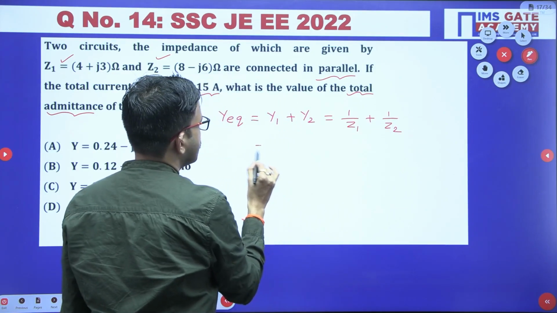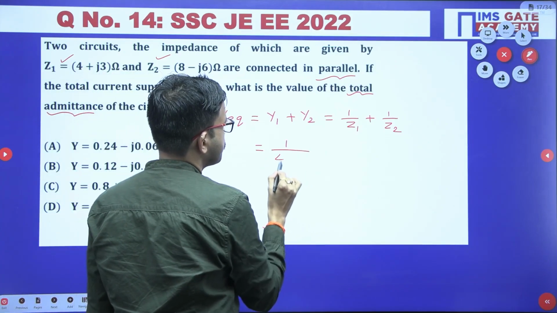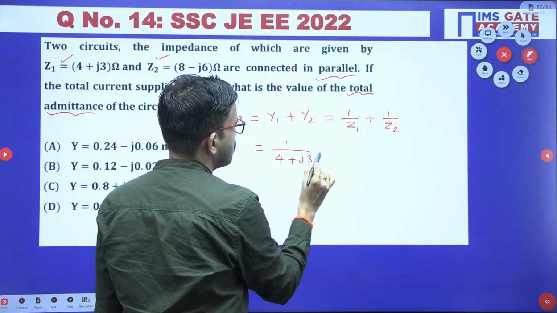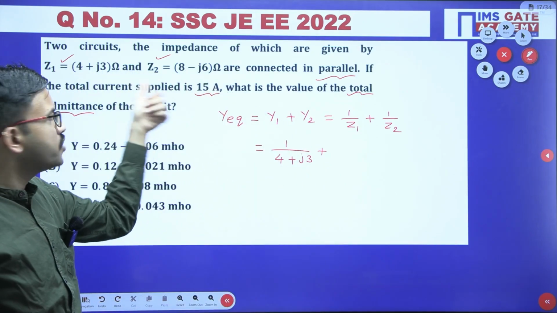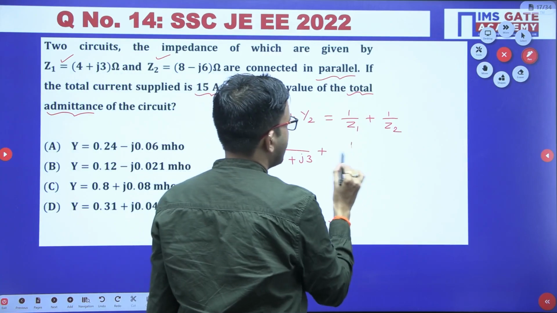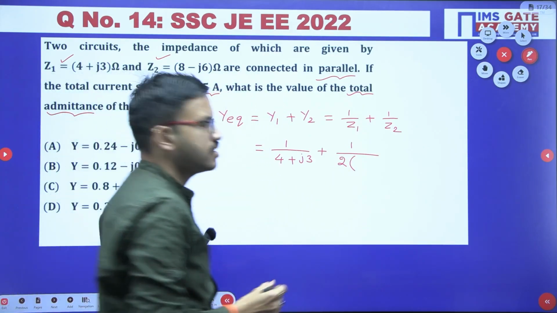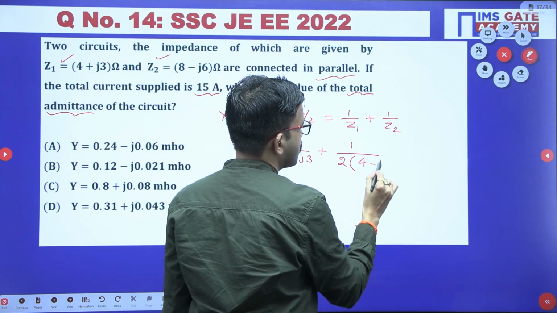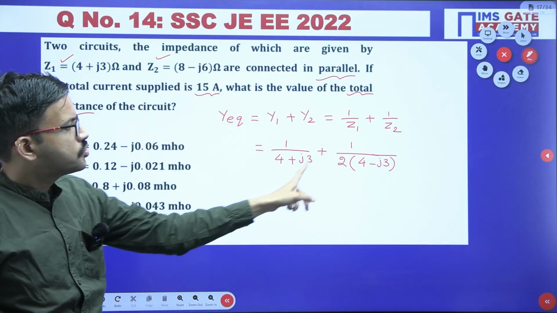So 1 by Z1 plus 1 by Z2. Here 4 plus J3, plus here 8 minus J6. I am taking 2 as common, so that you will be getting 4 minus J3. You can observe here, 2 4s are 8, 2 3s are 6.